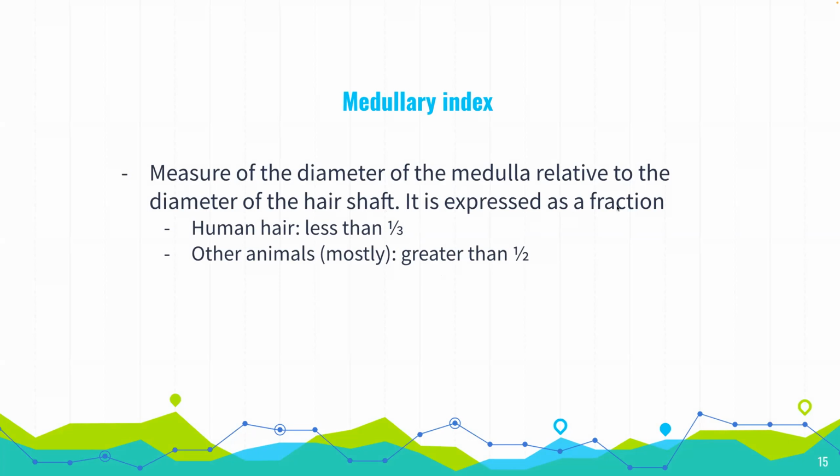If you remember the RF factor, it was represented as a number; this one is a fraction. For human hair, this is less than 1/3, while other animals are greater than 1/3. What this kind of means is that the medulla is very thin relative to the hair shaft, although if I did some math wrong, please correct me.